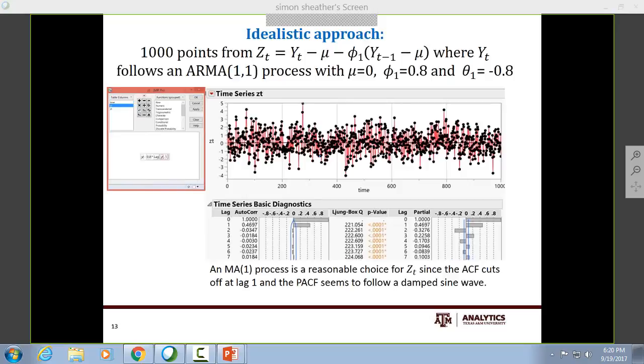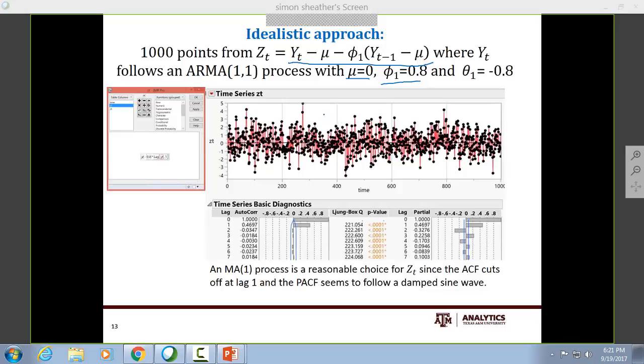So let's actually do that. This is the idealistic approach where the statistical higher being would send us an email or a text saying, excuse me, Dr. Shiva, I'm going to tell you that the AR part is order 1. So I'm going to calculate Z_t as Y_t minus mu, and I'm going to know from the statistical higher being that the mean is 0 and phi 1 is 0.8.